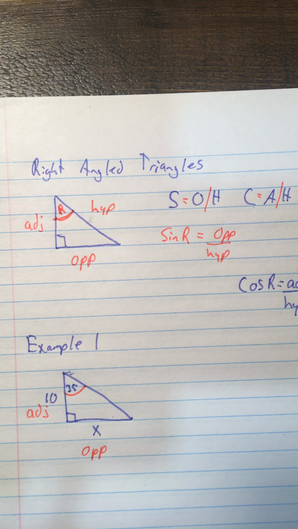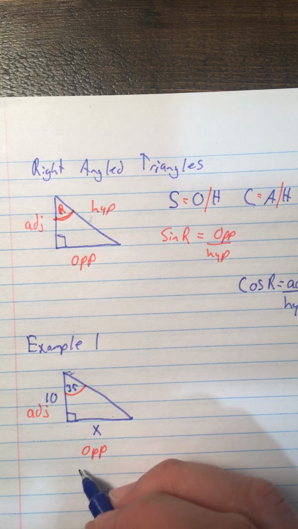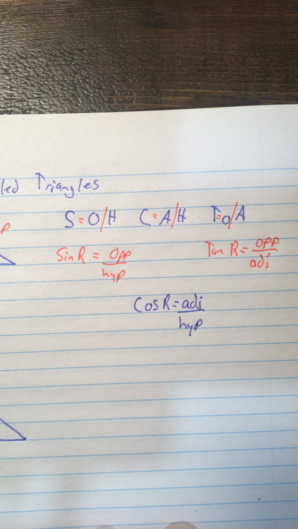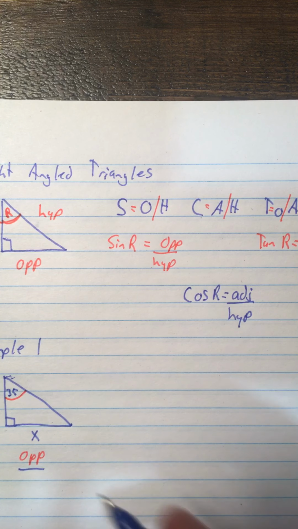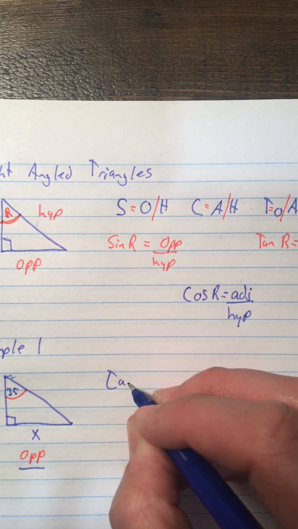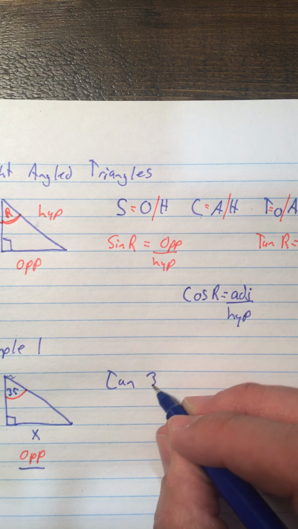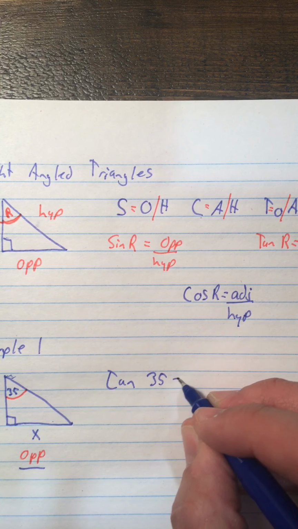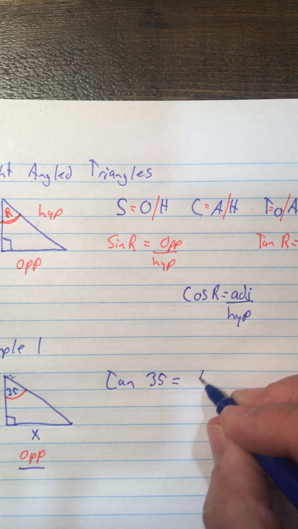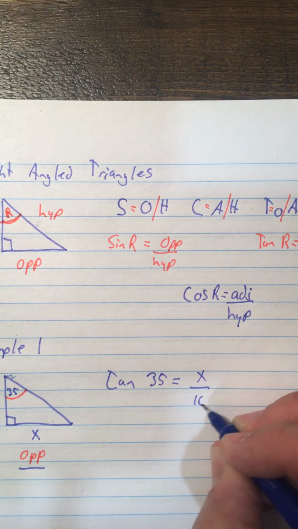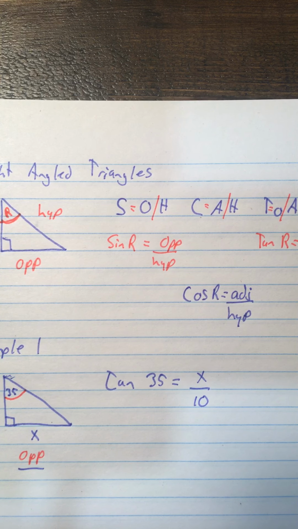So now we're looking at what function uses opposite and adjacent. Tangent. So tan of 35 degrees is equal to x over 10. Remember, this is just an equation.